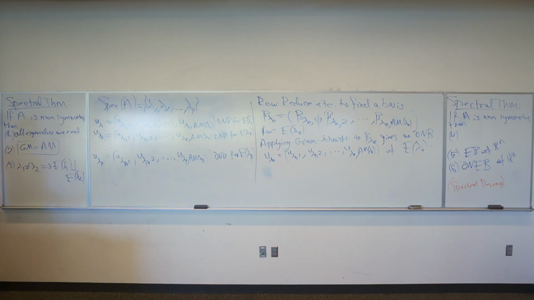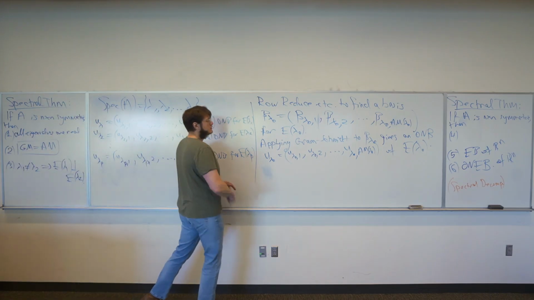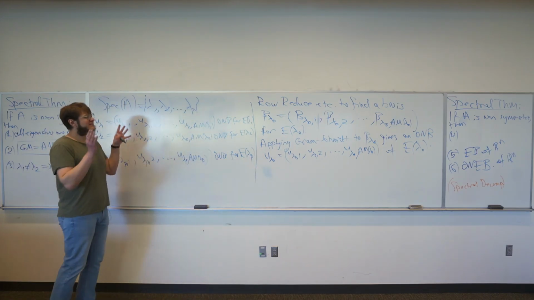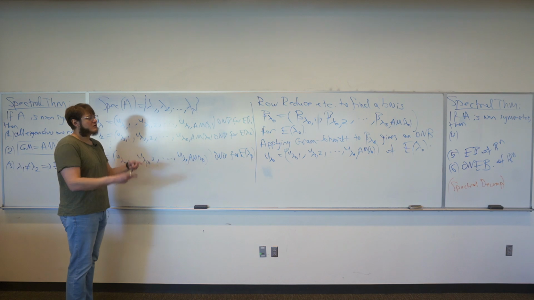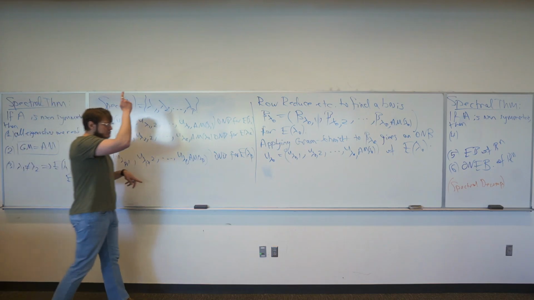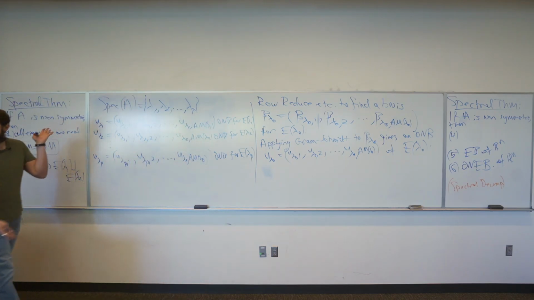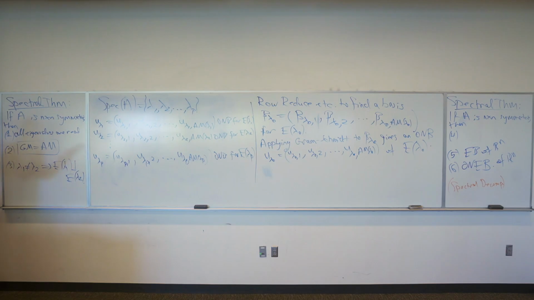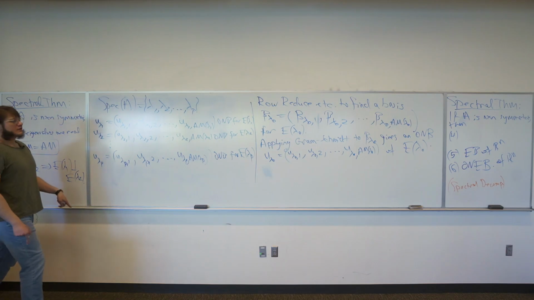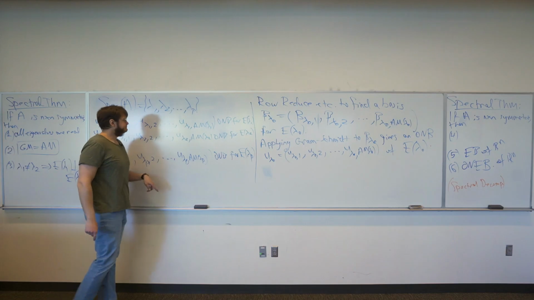So for each eigenvalue, I look at the corresponding matrix I should be looking at for the eigenspace, do the row reduction, and get some basis for the eigenspace. To that basis, I apply Gram-Schmidt to get an ONB for the eigenspace. I do this for each eigenvalue. So I have a bunch of vectors like this. Then I put all of these together, and that gives me the ONB for Rn.